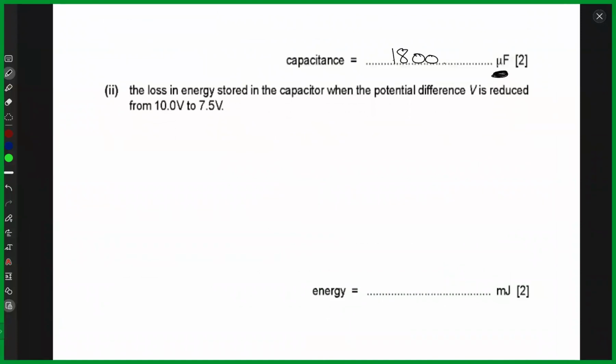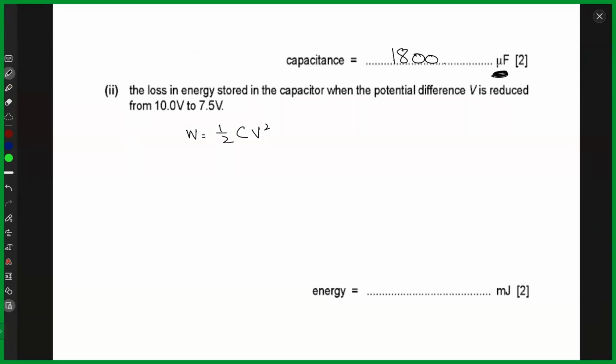Again, it's exactly the same thing. There are two things that you can do to work this problem out. One is to simply use the expression that this loss in energy stored is basically the work done, which is half CV squared, right? And then use the same procedure as we did previously.